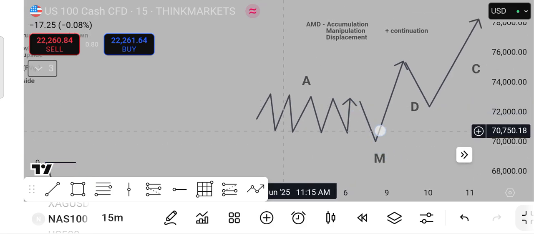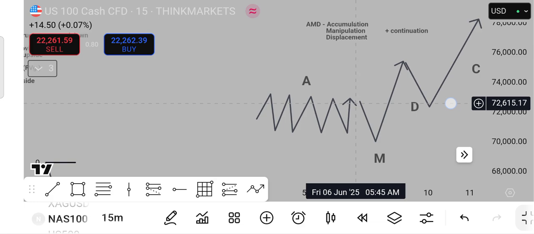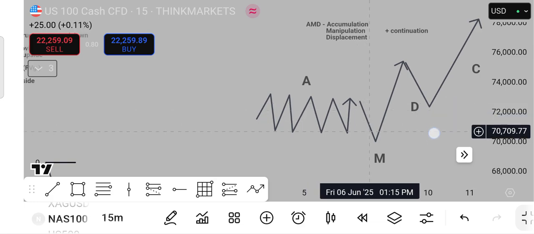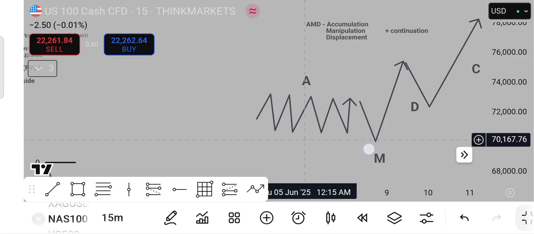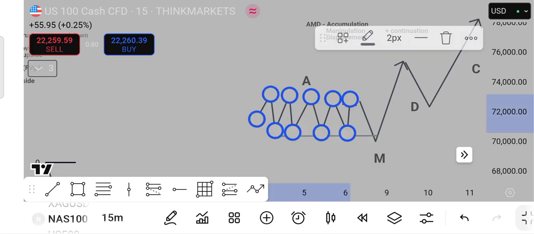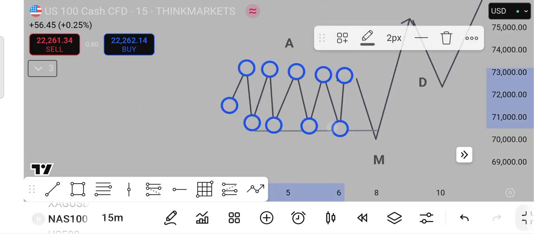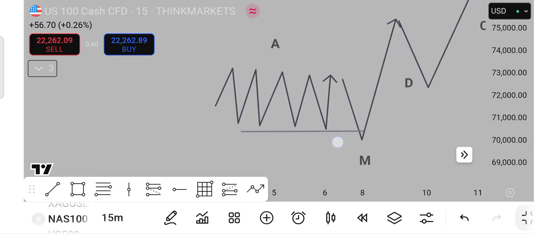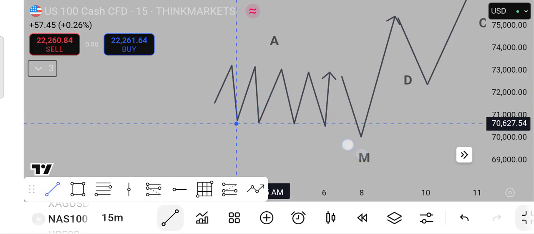Okay, brother, just range, just consolidating in one zone, and then suddenly some manipulation comes, some big wick created here, a big displacement comes and takes out these lows.